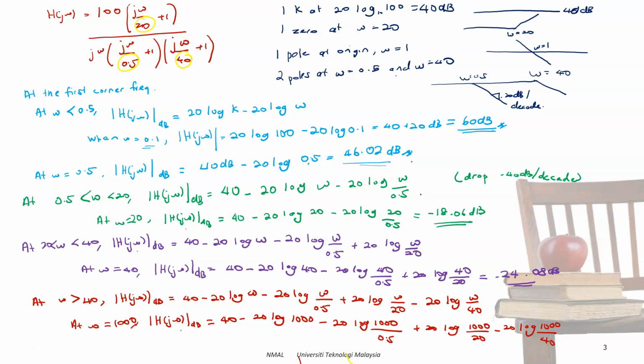You put it in the calculator and you will get negative 80 dB. So now we have the value to plot when omega is equal to 1000.